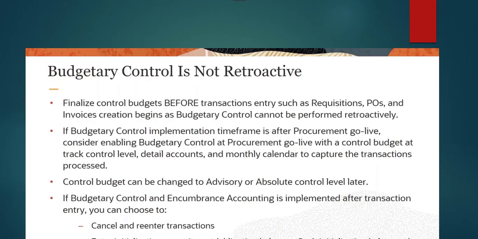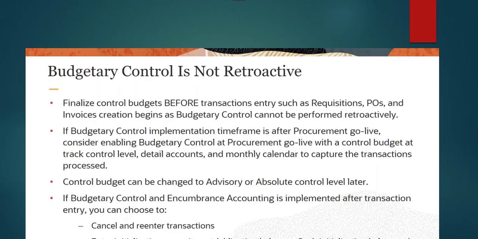If the budgetary control implementation time frame is after procurement go live, consider enabling budgetary control at procurement go live with a control budget at track control level, detail account and the monthly calendar to capture the transactions processed. Control budget can be changed to advisory or absolute control level later.